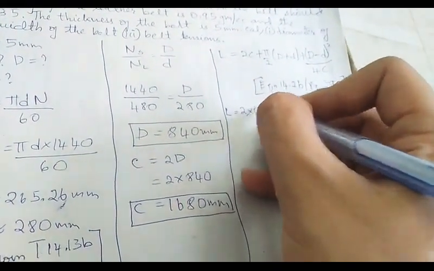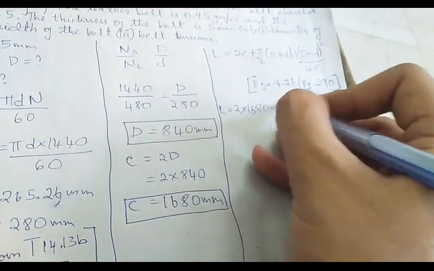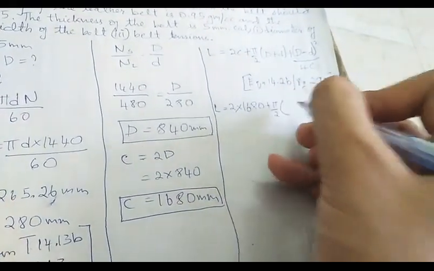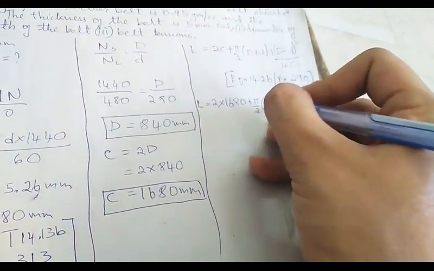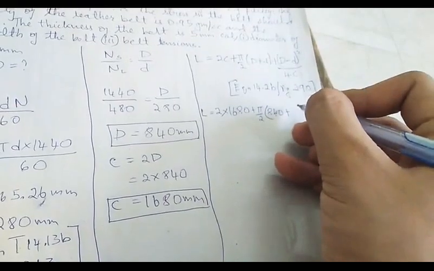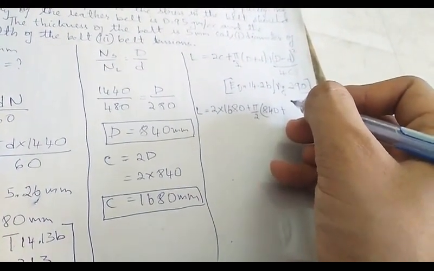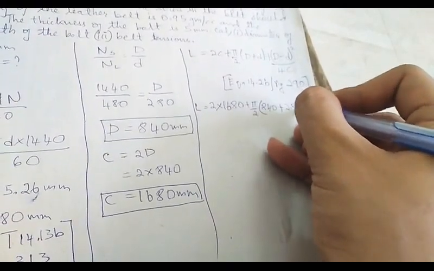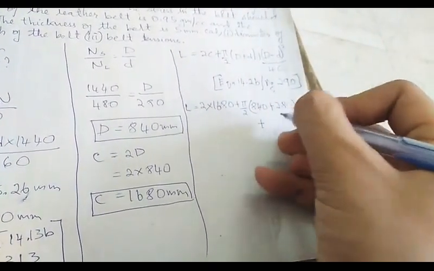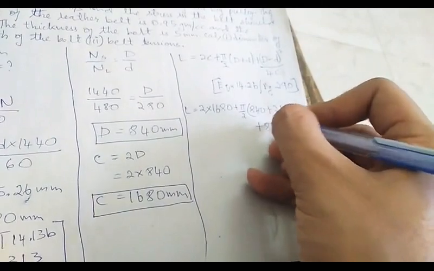Two into 1680 plus pi by 2 into 840 plus d, plus d minus d.